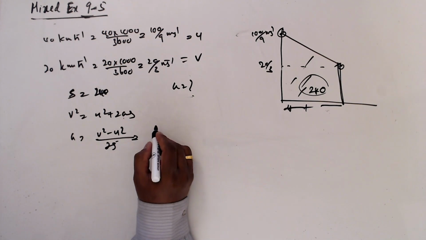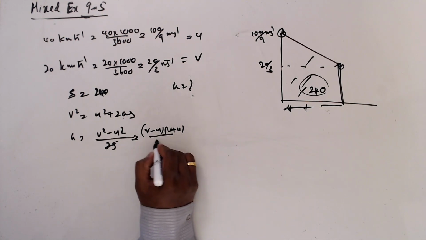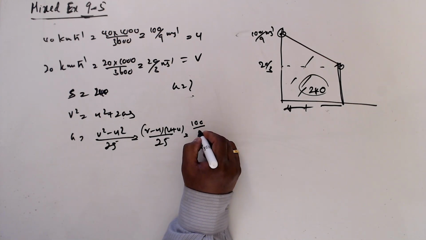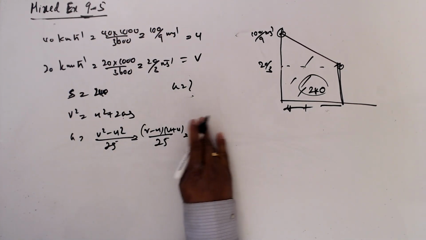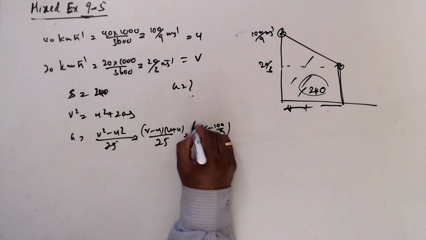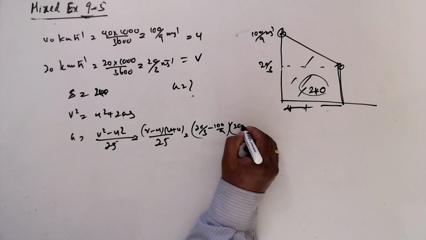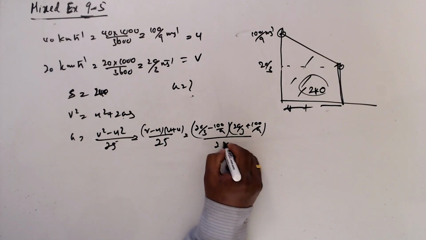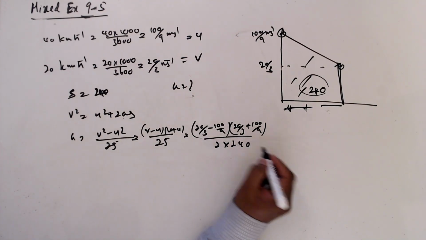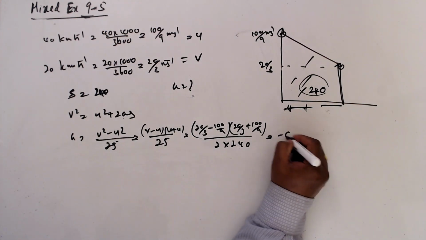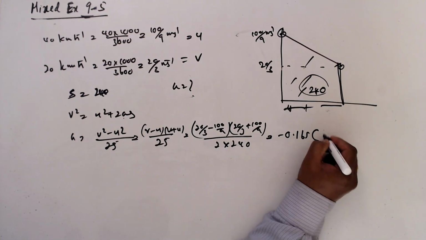So this is (v minus u)(v plus u) over 2 times s, that is (20 over 3 minus 100 over 9)(20 over 3 plus 100 over 9) divided by 2 times 240. So we'll get the answer as minus 0.165 to 2 SF.